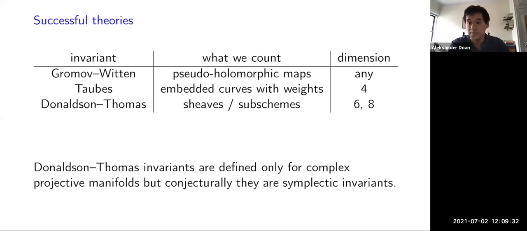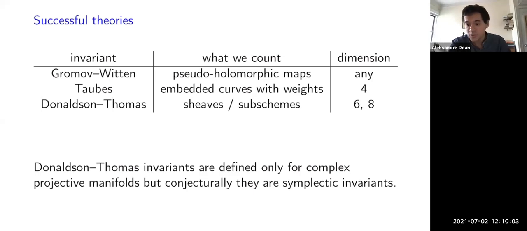So they are defined using methods of sheaf theory, which are not really available in symplectic geometry. But interestingly, there is a conjecture which says that these invariants are equivalent, not equal, but equivalent to Gromov-Witten invariants. So conjecturally, they would be invariant under symplectomorphisms: even if they're defined using complex structure, in the end, they should be independent of the complex structure and dependent only on the symplectic structure.